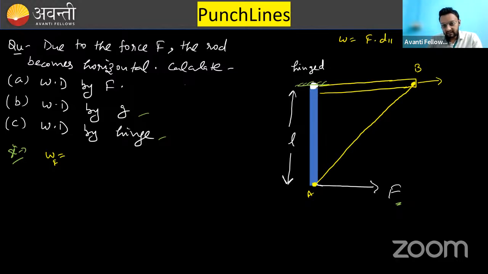If I take displacement parallel to the force, then it will be this horizontal displacement. No, you are not getting what I am saying. I am saying the actual displacement is this one. Suppose this is displacement D.